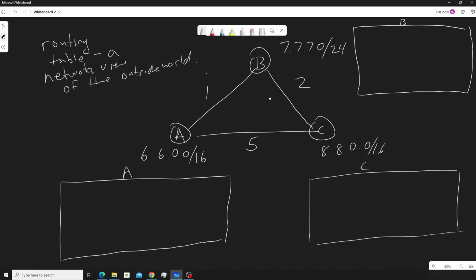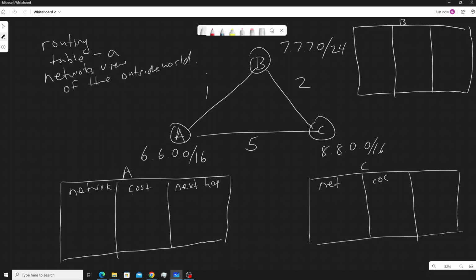Okay, now this routing table has 3 main columns inside of it. Those 3 columns are network, costs, and next hop. Okay, so network, costs, and next hop.